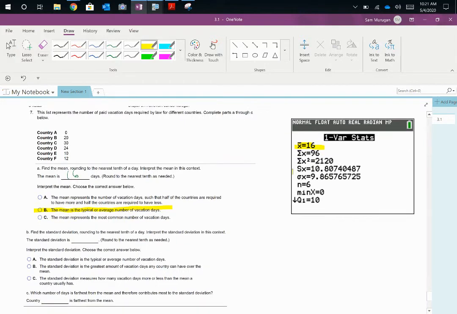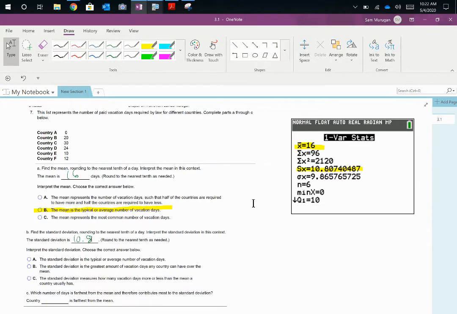The standard deviation, right there, round to the nearest tenth, or to 2 decimal places, so 10.81. I'm sorry, 1 decimal place, right? Not 2 decimal places, 10.8. 10.8 would be our standard deviation.